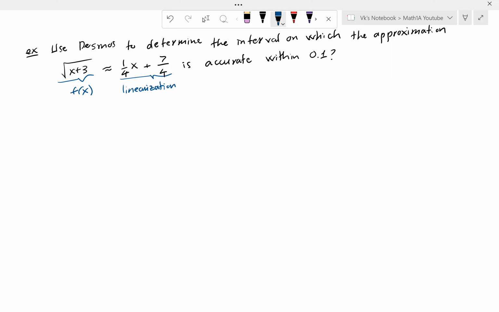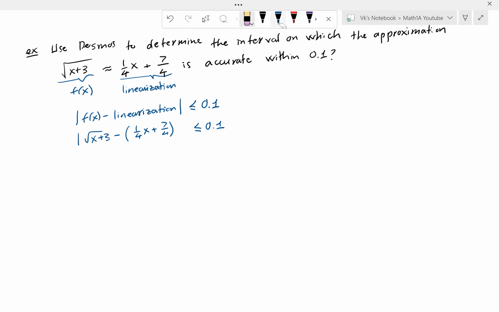So in order for the approximation to be accurate within 0.1, the absolute value of f(x) minus this linear approximation has to be less than or equal to 0.1. We have an absolute value of root x plus 3 minus 1/4 x plus 7/4 less than or equal to 0.1.